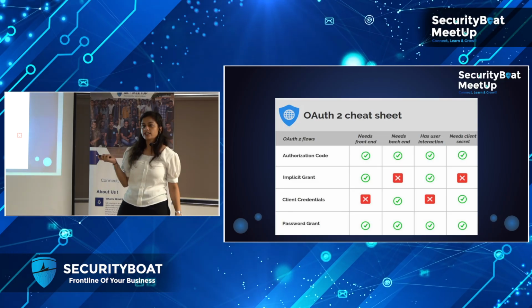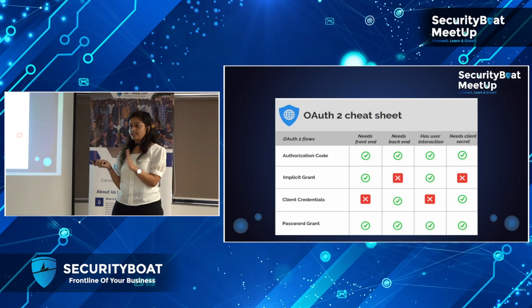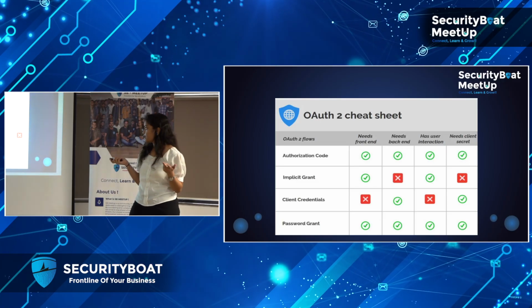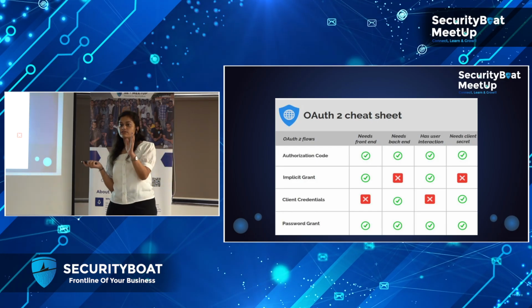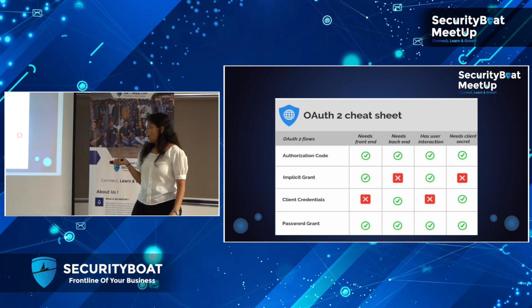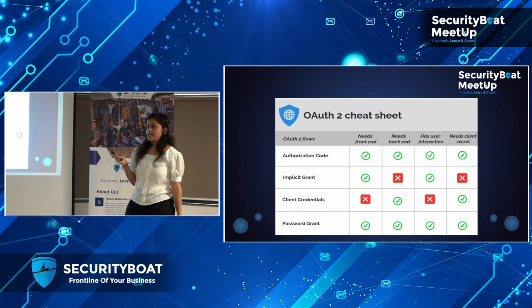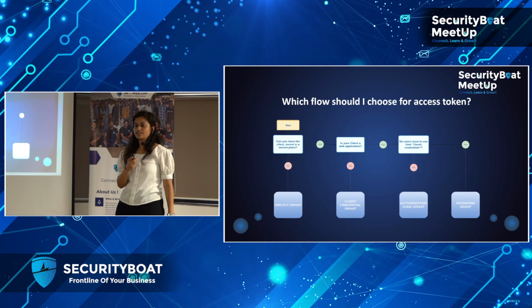The client credential doesn't require a front end because every communication is back channel, and it doesn't require user interaction because the server is communicating with the server. And for password grant, we require everything. So this will be the question for you guys, you should speak.